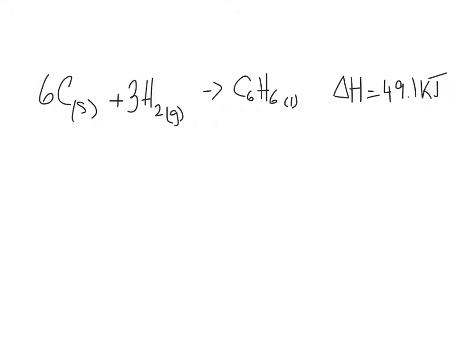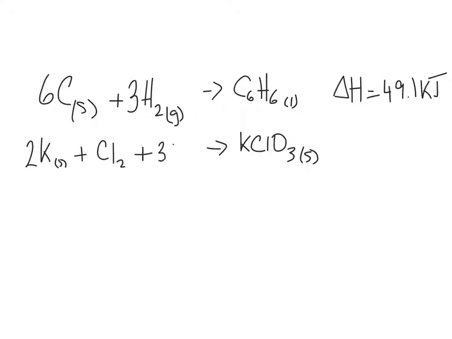Left side, yeah. All right, try the next one, potassium chlorate. How do you write potassium as an element? It's just potassium. So you want to tell us what you got? 2 potassium plus Cl2 plus 3 O2, 2 KClO3. And then delta H equals.